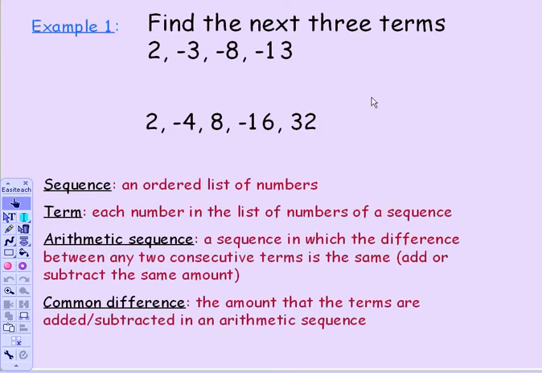Here's our first example. Again, pause it, write this down, and then I'll go through the explanation. In this one, the instructions are to find the next three terms. So to find the next three terms, you're looking for the pattern. We're going to start by writing these little arrows underneath.